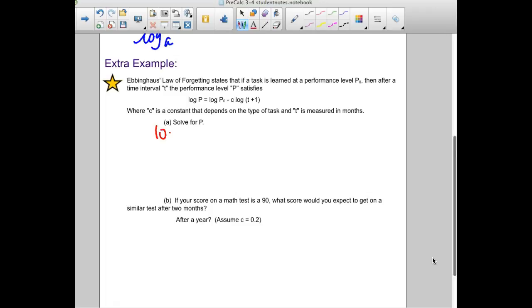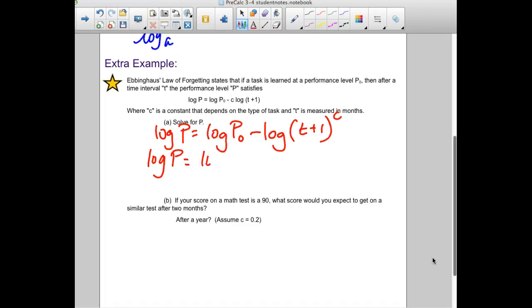So we've got the log of P equals the log of P sub 0 minus the log of T plus 1 to the C power. Okay, we put that back as a power. What does the minus condense back to? Okay, so we've got the log of P equals the log of P sub 0 divided by T plus 1 quantity raised to the C power.